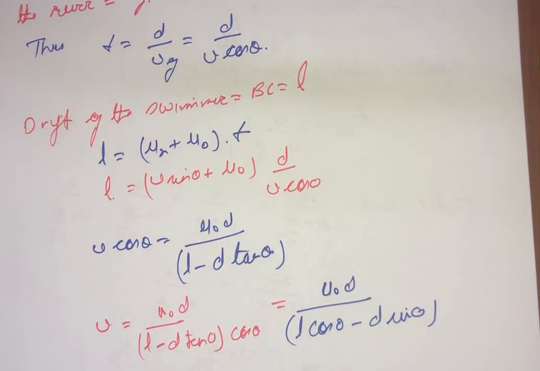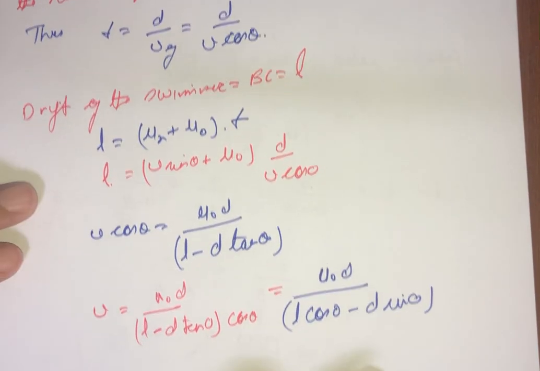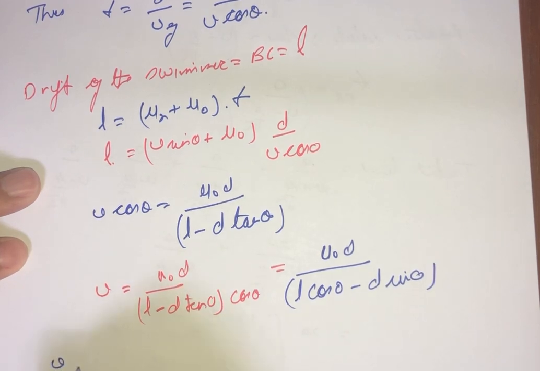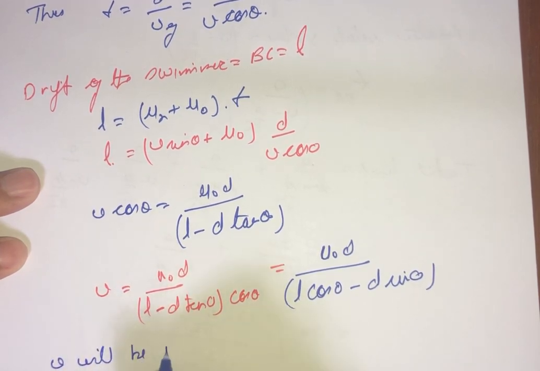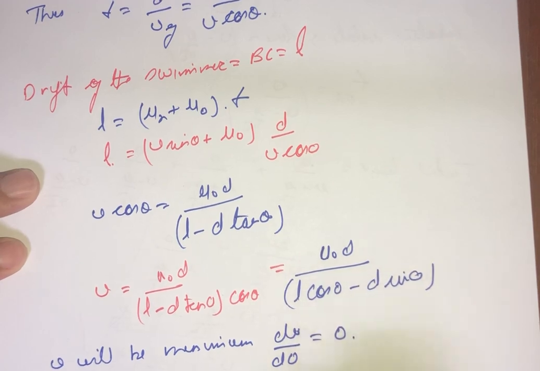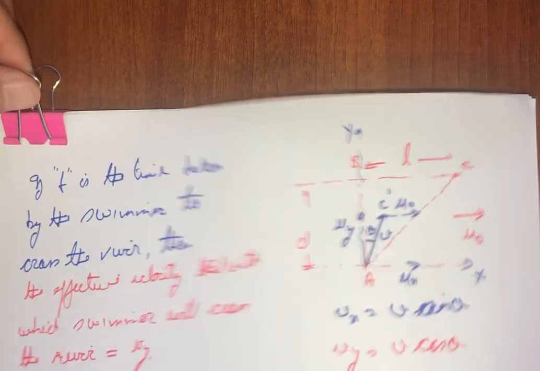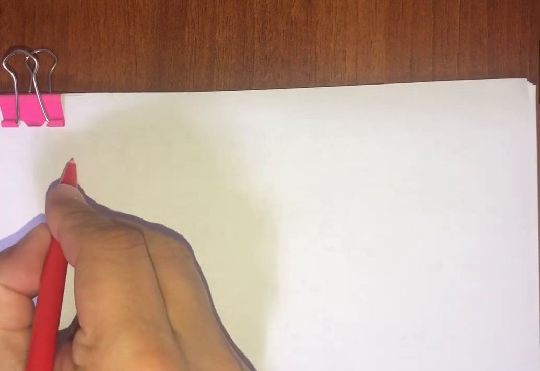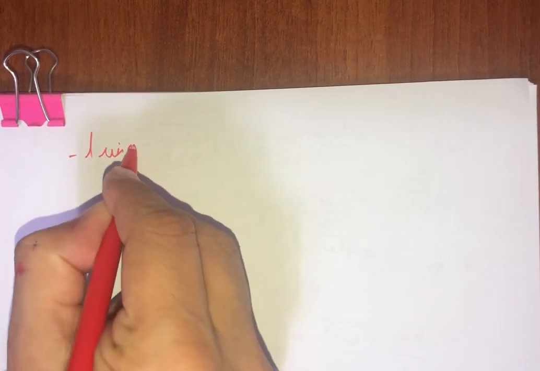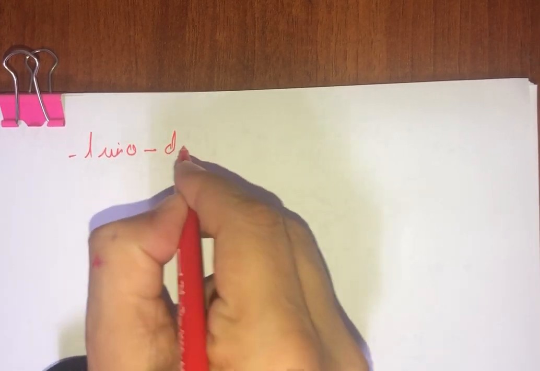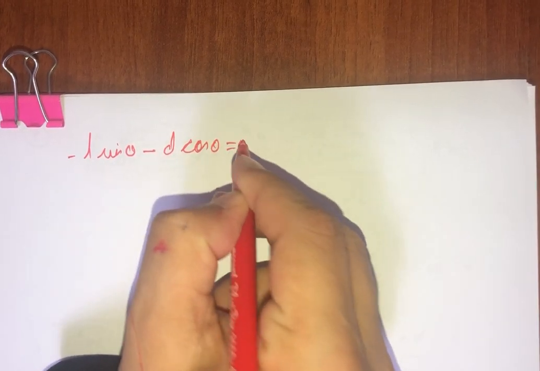Now it is asked that the velocity should be minimum, so we can say v will be minimum if its derivative with respect to the angle is equal to 0. So we get minus L sin theta minus d cos theta is equal to 0.